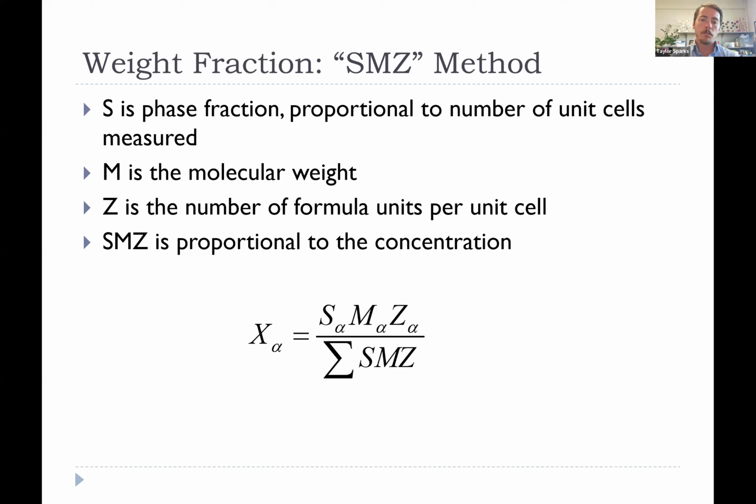Z is the number of formula units present in a unit cell, because again, not all unit cells have one formula unit. Some, in fact, they very often don't. They have 2, 4, 8 commonly. So SMZ allows you to calculate the weight fraction by taking the SMZ values for an individual phase and dividing it by the SMZ product for all phases that are being simulated in your model, okay?